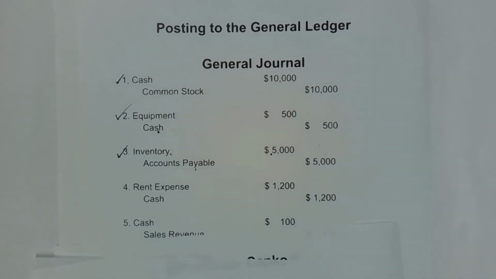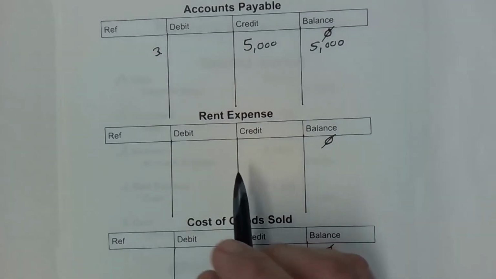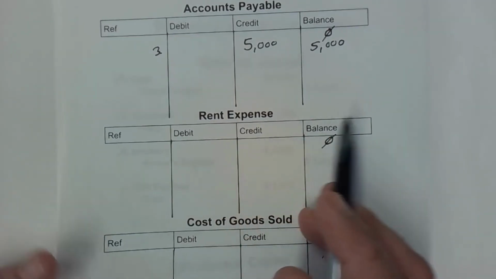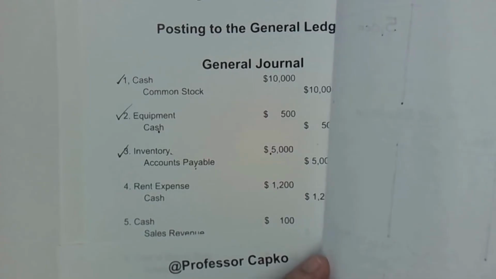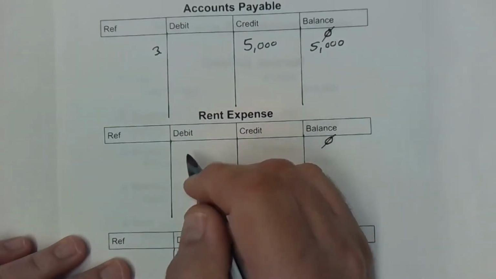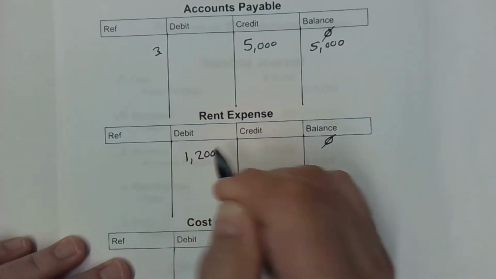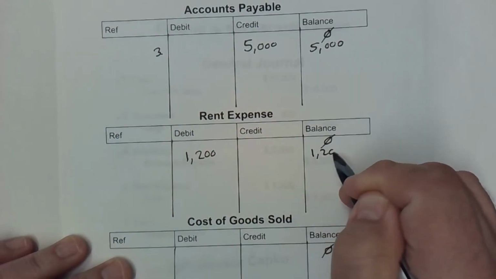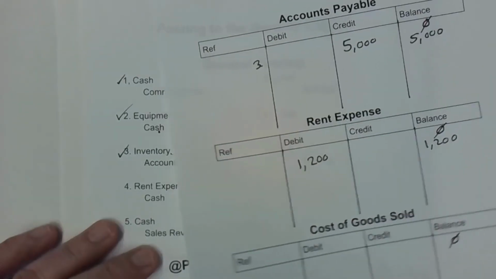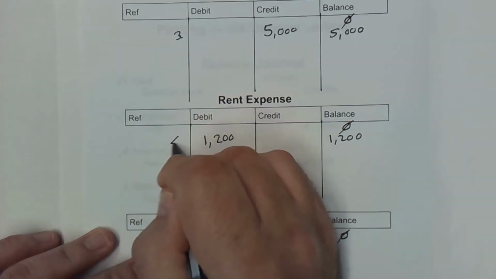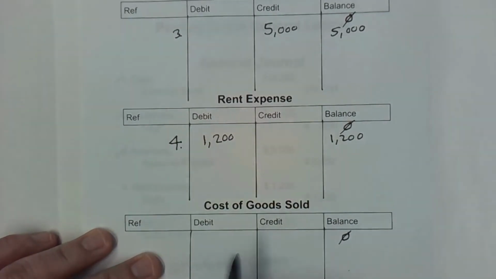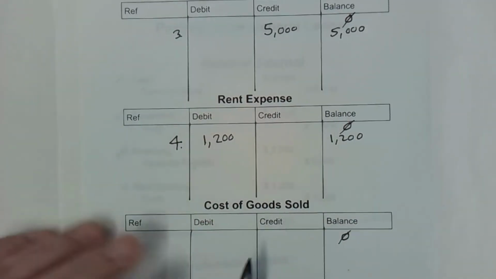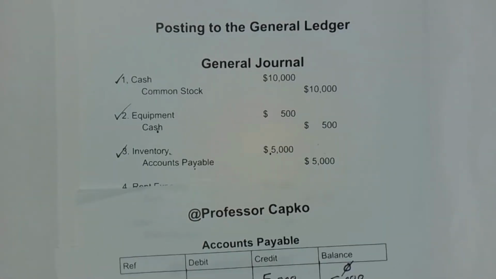Let's look at transaction number 4. We're going to debit rent expense. So I've got to find my ledger, and my ledger for rent expense is here, and we know that we're going to debit it for $1,200. So our rent expense balance is now $1,200, and that reference is 4. That's why you can cross-reference back to what each of these transactions are in the general journal, and that rent was paid in cash.